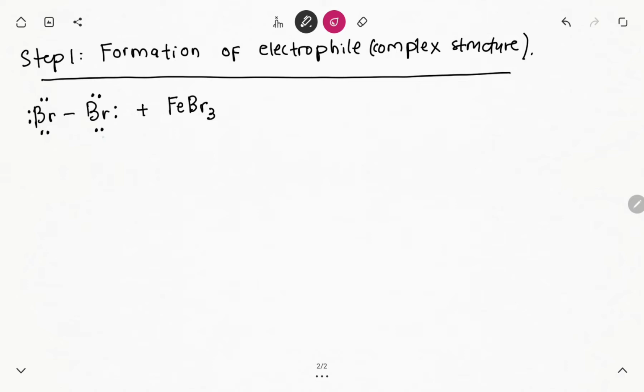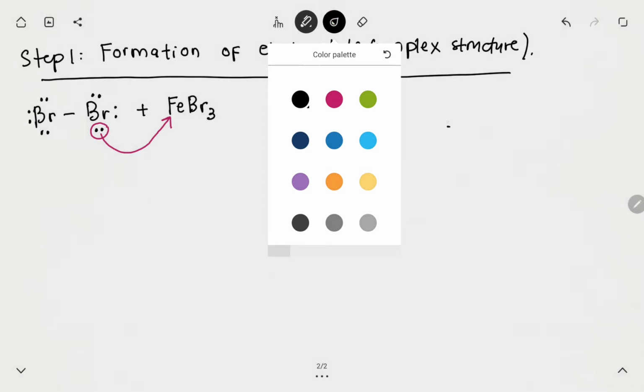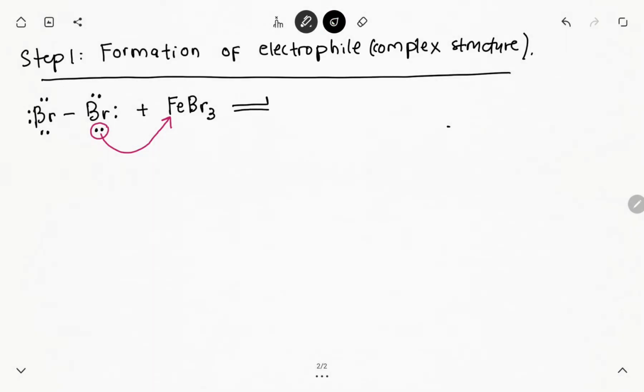The bromine atom is more electronegative, so there is more electron density here. One of the lone pairs will attack the iron, Fe, which has an empty p orbital, and they can form a chemical bond together. So finally, our intermediate product is formed as a complex structure.